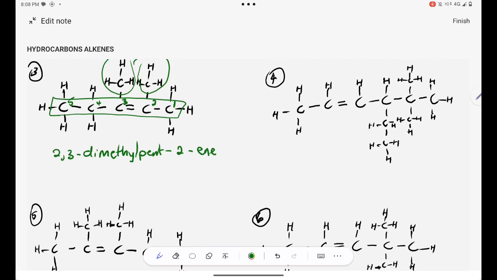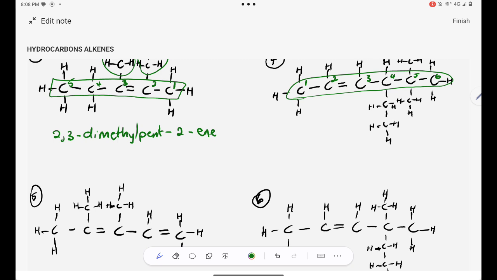Okay, and then for the fourth one, this will be the parent chain, right? And then this will be carbon number 1, 2, 3, 4, 5, and 6. Please note that, guys, we always number from the terminal which is closer to the double bond.